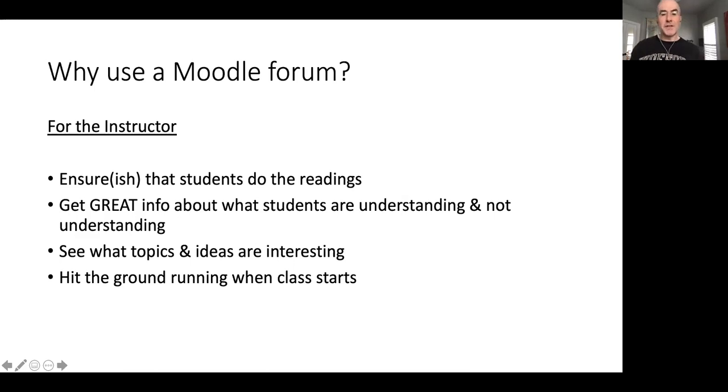And then when I find out what they're understanding and not understanding, especially the not understanding, I can use class time to address those things, especially when there's commonalities in the things that they're not getting. With Moodle forums, I can also see what topics and ideas from the readings students are finding to be interesting, and that can be the thing that we use to start class conversation. And all of this helps me hit the ground running when it comes time to actually have a class.